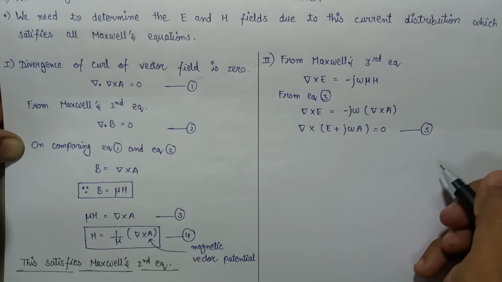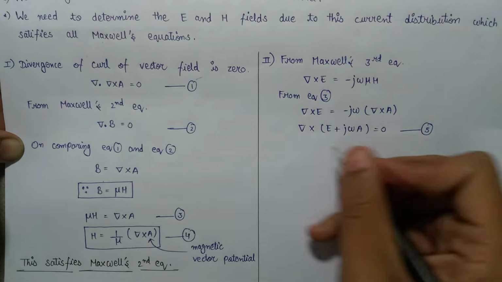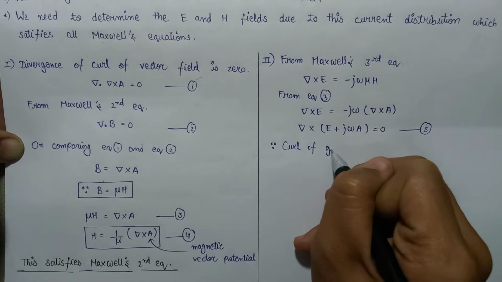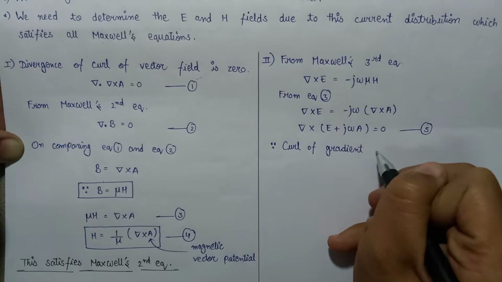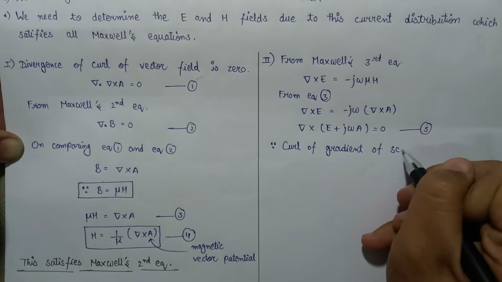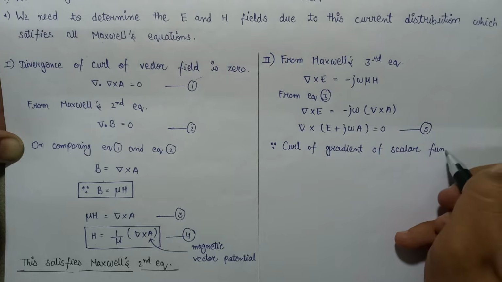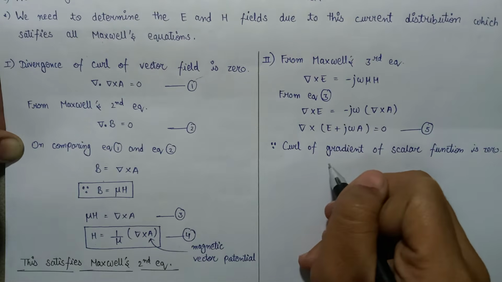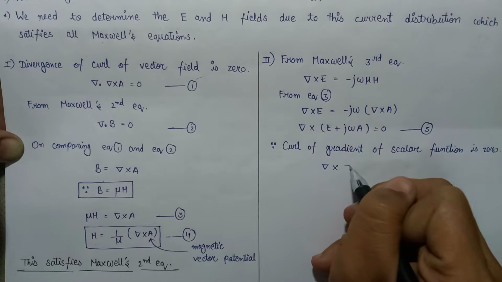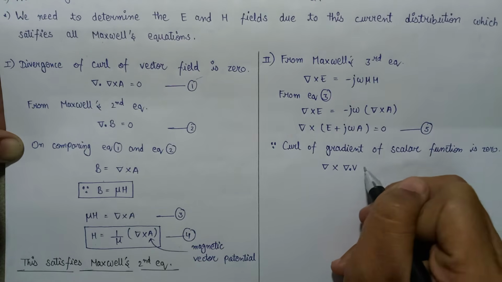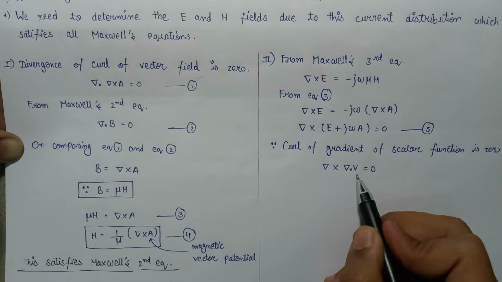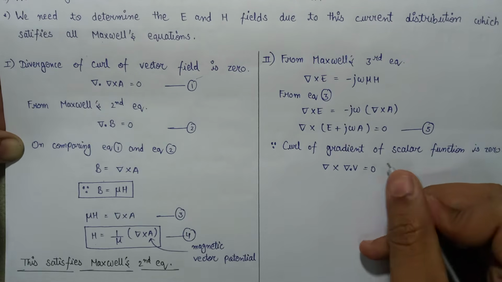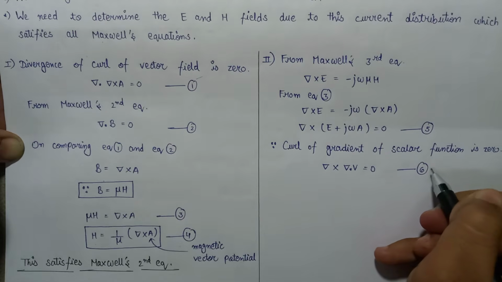Since we know that the curl of the gradient of a scalar function is always 0, we can write del cross del V equals 0, because here V is a scalar function. Let me give it as equation number 6.